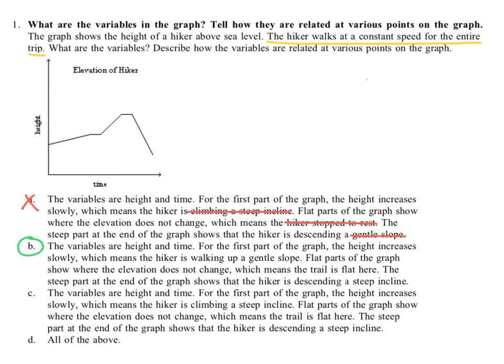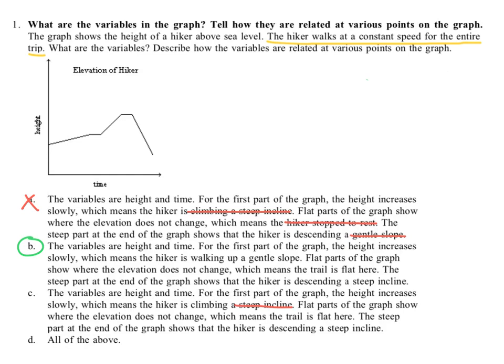Okay. The variables are height and time. Yes, for the first part of the graph, the height increases slowly, which means the hiker is climbing up a steep incline. Again, if you're moving at a constant speed, steep inclines will change your elevation quickly. Okay, so changing it slowly like this is not accurate.